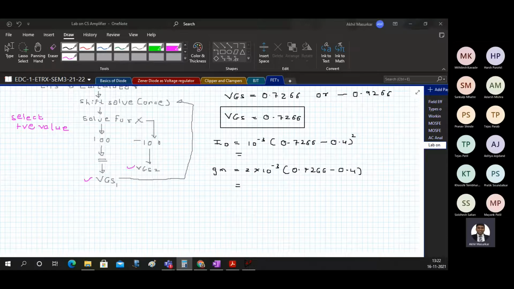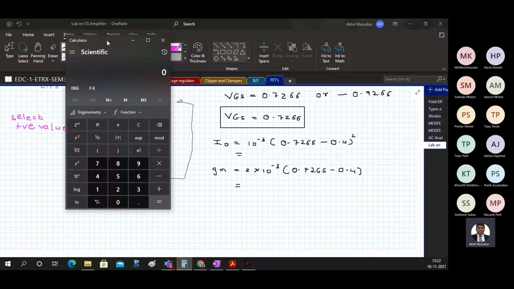Should not be very difficult. How difficult is this equation? So GM is 2.133 into 10 to the power minus 4. No. Zero.